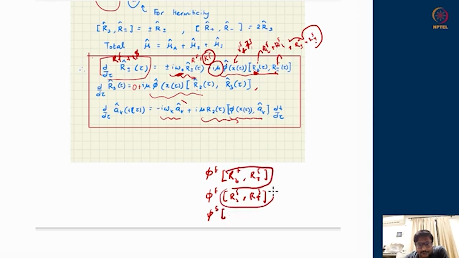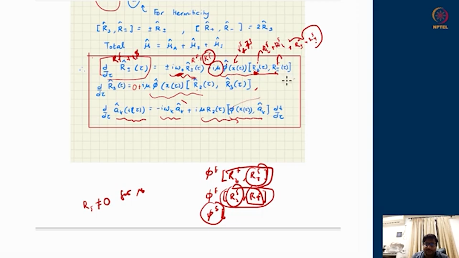But you see, when I try to write down phi s again, phi s itself will satisfy a differential equation structure controlled by the AKs as well. So if I have to keep feeding the value of phi s or rs or the r plus minus s here and r2 of s, it will become higher and higher power in mu, because rs becomes non-zero only when there is a mu.